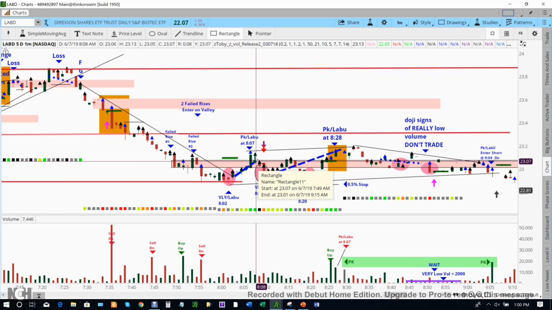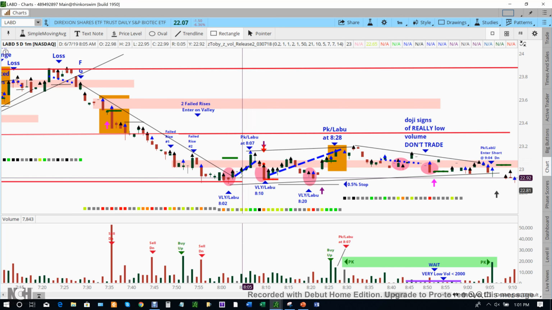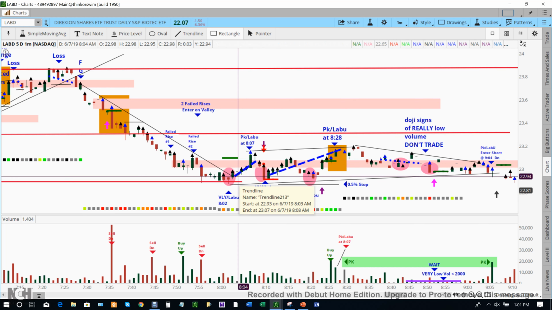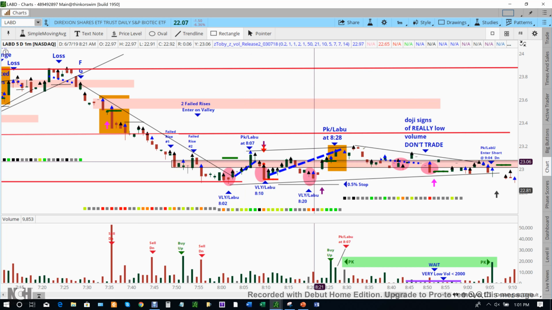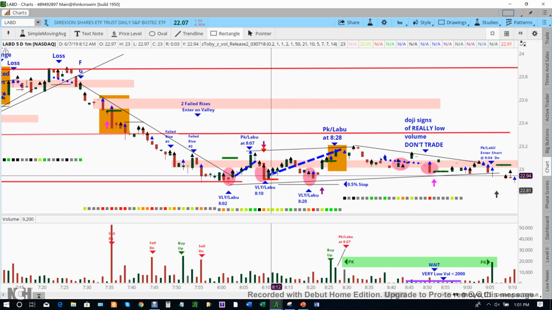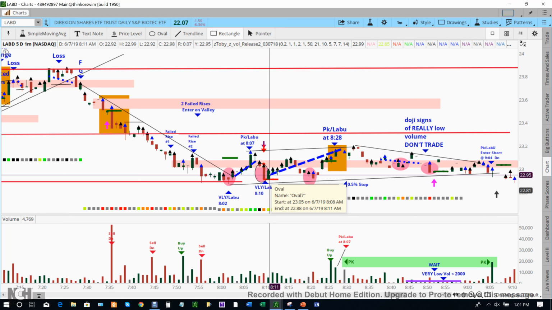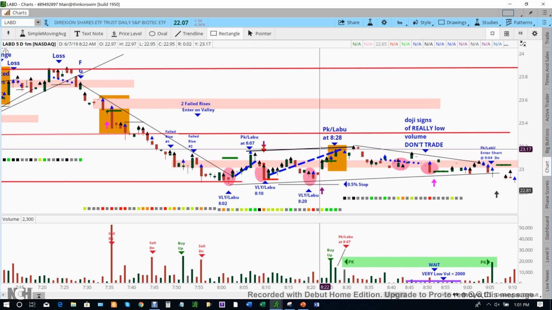So you've made 14 cents, which, since it's a $23 stock, is about 0.5%. That's significant. If you're trading 1,000 shares and you made 14 cents, you would have made $140 from here to there. Now on this one over here, again trading 1,000 shares, the low is $22.95, and it goes up until we exit at $23.16, so it's 21 cents. That's about a 1% gain.